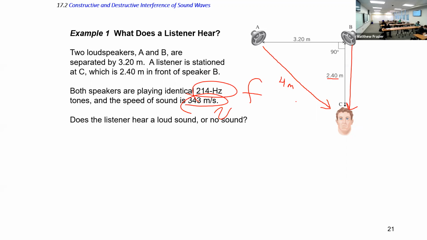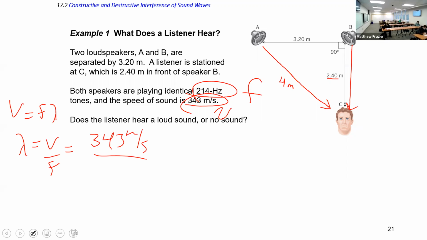So the other bit that we have is trying to find the wavelength. From v equals f lambda, lambda is v over f, which is 343 meters a second over 214 hertz. Hertz being per second.